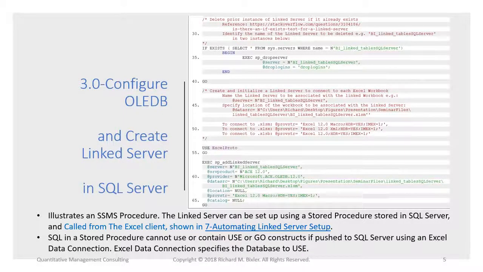We're naming each linked server for the worksheet it's linked to. In this case, the worksheet is bi_linked_tables SQL server.xlsm. So the linked server is named bi_linked_tables SQL server by parameter @server. The other linked server parameters specify that we're using ODBC to read the file and set parameters to read an XLSM file.